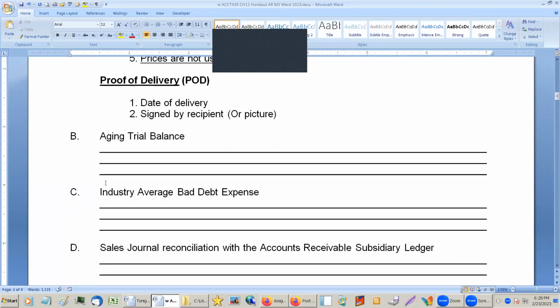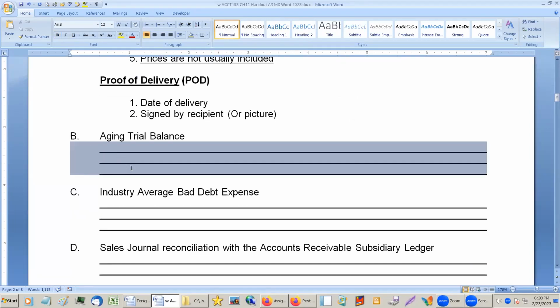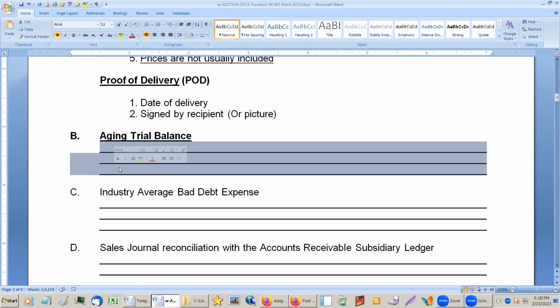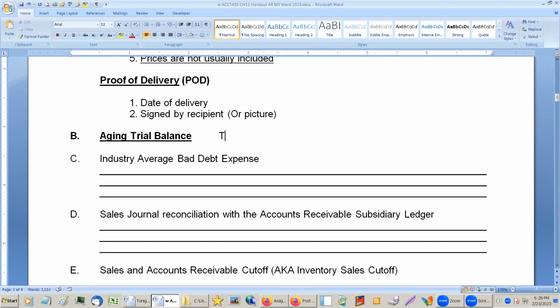Okay, aging of a trial balance. So something you probably did in your first accounting, maybe your second accounting class. Aging of trial balance.